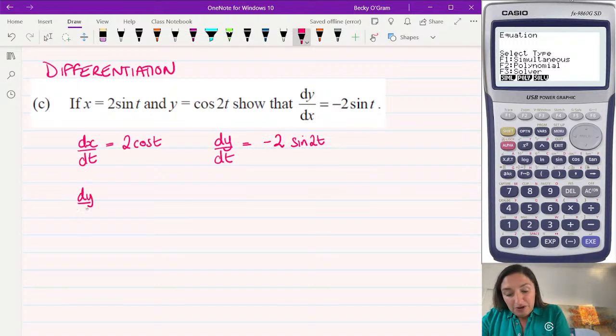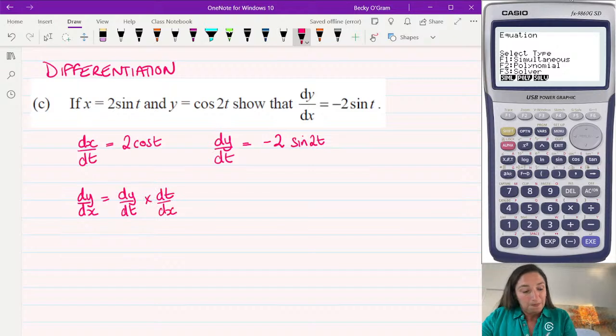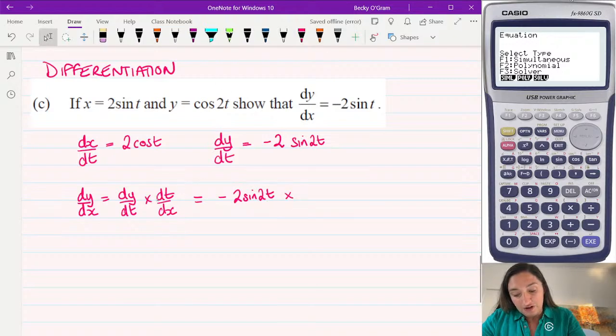Then dy by dx is made up by doing dy by dt times dt by dx. Okay, so dy by dx is minus 2 sine 2t, and we will times that by dt by dx. Just notice this dt by dx is upside down to this dx by dt, so we need to flip this one over to use it.